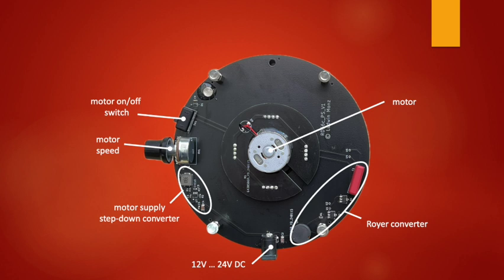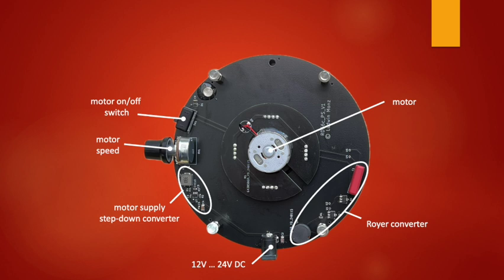The motor sits on a separate carrier plate, which in turn is attached to the power supply PCB. This is necessary to set the correct distance between the display PCB and the power PCB. A step-down converter is also used to power the motor. This makes it possible to vary the supply voltage over a wide range.